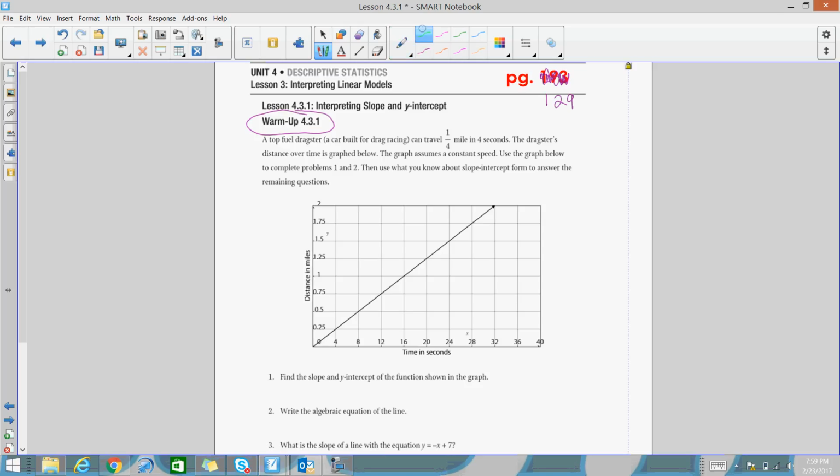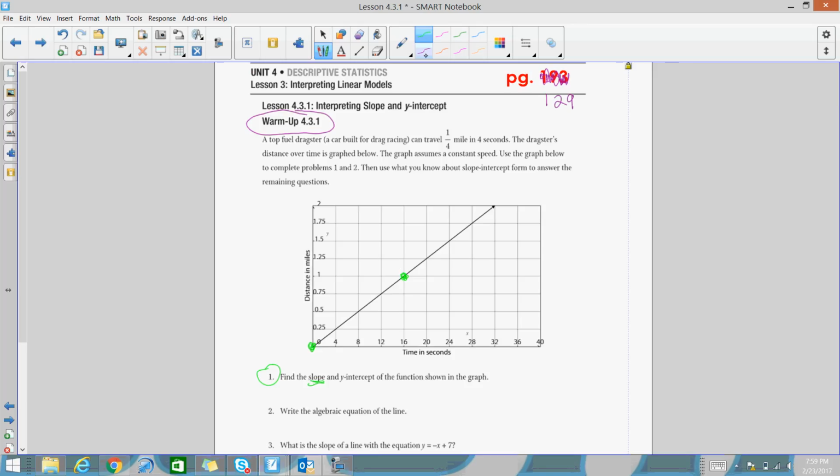And they gave us a line of fit, or a line on here. The first question says, find the slope and the y-intercept. To first find the slope, all you need are 2 points on your graph. You can choose any good point. You could choose that, but I'm going to choose this point, and I'll show you why.